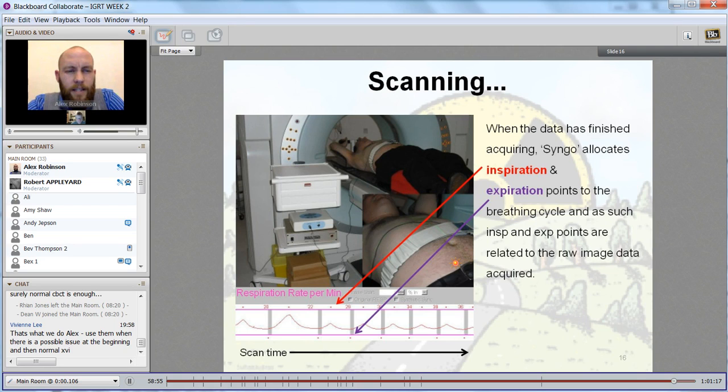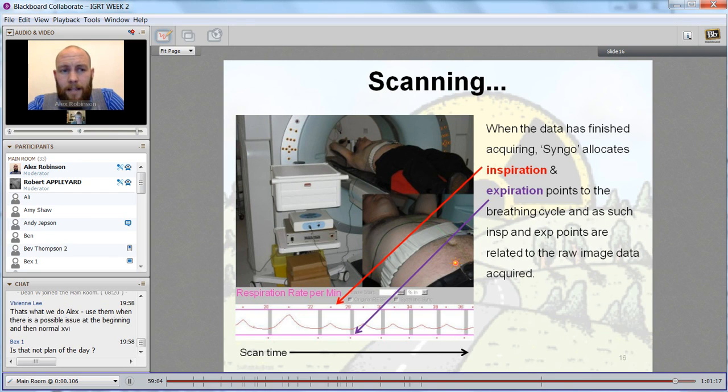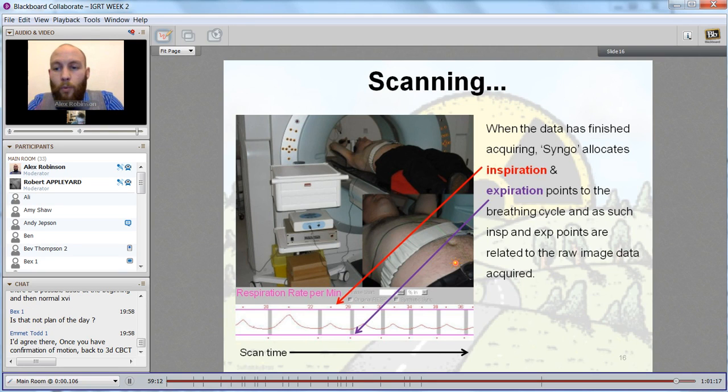Another thing that we'd have to consider when looking at a rescan would be the method of treatment. If we're doing a VMAT plan, due to the fact that VMAT has less of an impact with axial variation, then maybe we wouldn't have to do an additional scan.